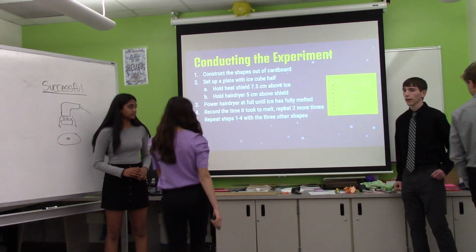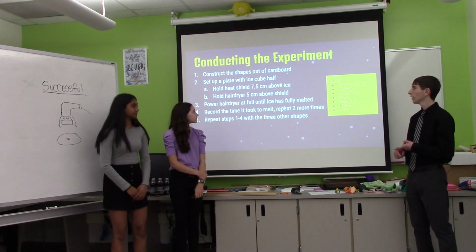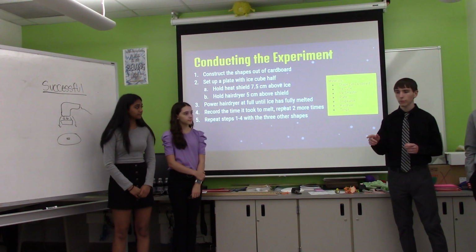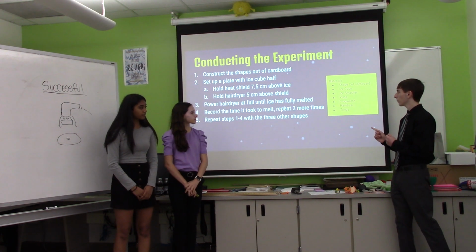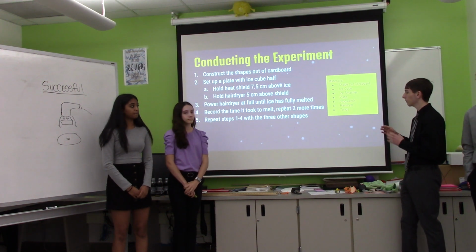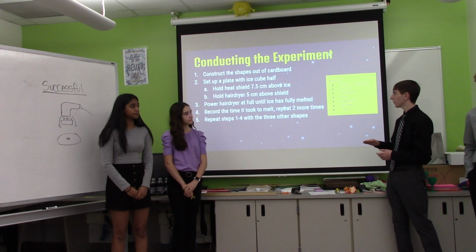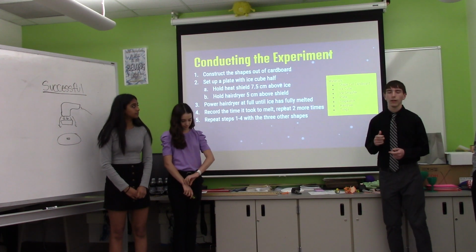Now, as for actually conducting the experiment, this is the kind of step-by-step process that we followed. First, we actually made the cardboard shapes. Then we set it up in this, or an approximation of this scenario, where we have a plate with an ice cube, then heat shield 7.5 centimeters above that, and a hairdryer 5 centimeters above that.